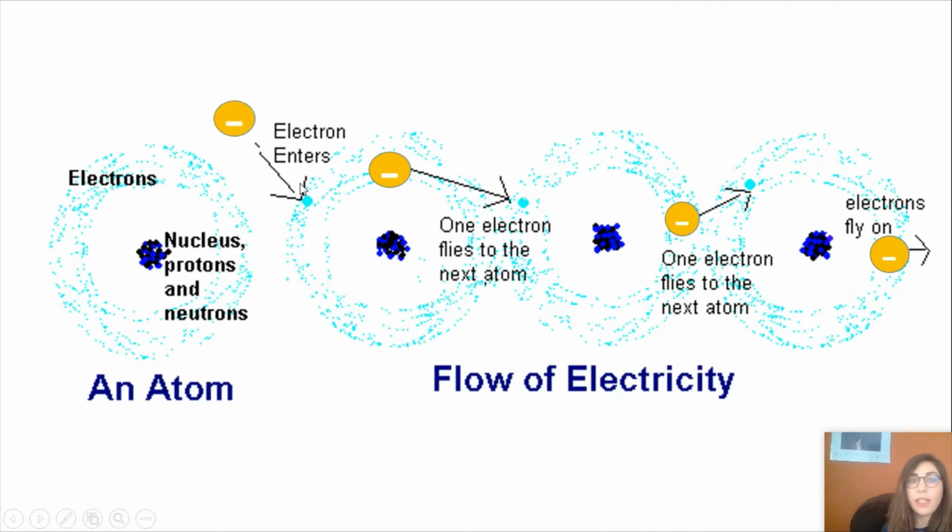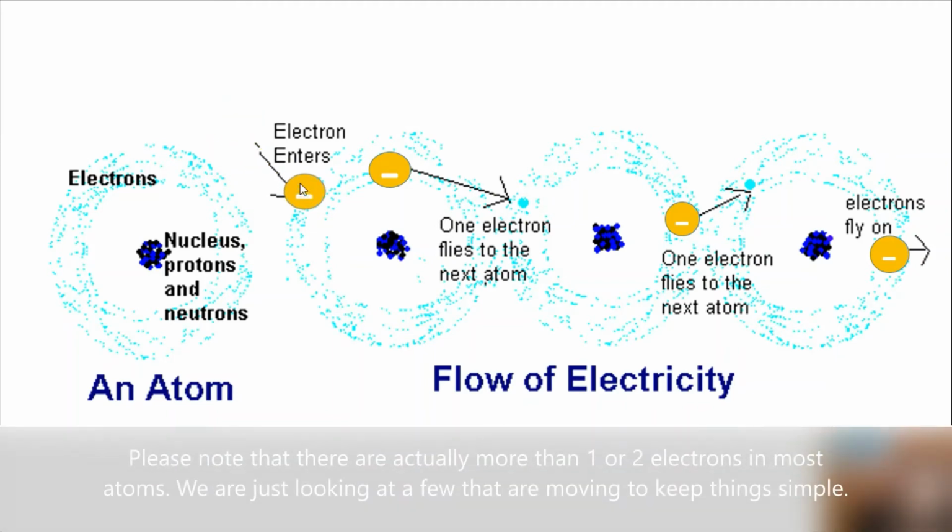One electron flies into one atom, and now this atom has a more negative charge. The atom to the right of it has fewer electrons, so the overall charge of the atom to the right is more positive than the one to the left of it. So what happens is the electron wants to move to where there are fewer electrons.